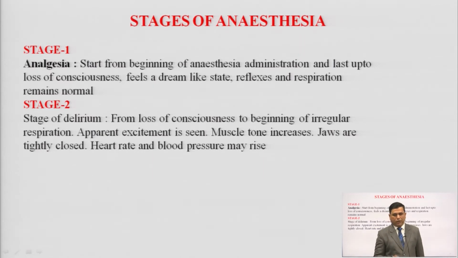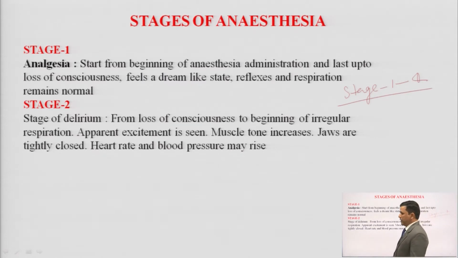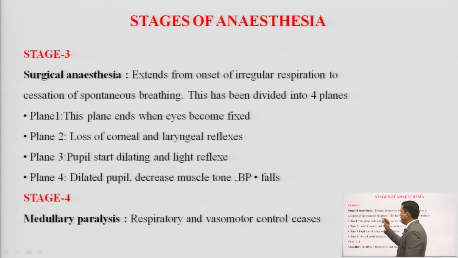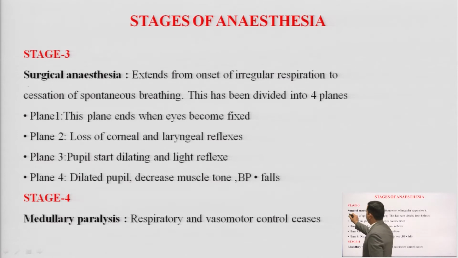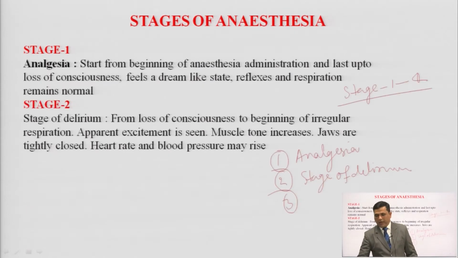We can divide them into four stages: the first stage is analgesia, the second stage is the stage of delirium, the third stage is surgical anesthesia, and stage 4 covers medullary paralysis. I will discuss them one by one.